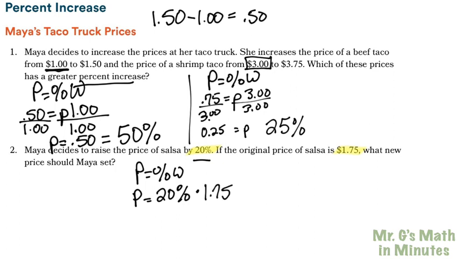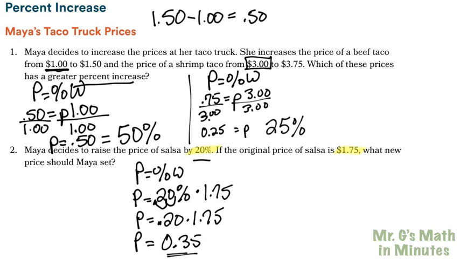And we're going ahead and taking a look at what the new price is going to be. So we're going to change this percent into a decimal, which is going to be 0.20 times $1.75. And when you do 0.20 times $1.75, you get an increase. Remember, your part is your increase of 35 cents.